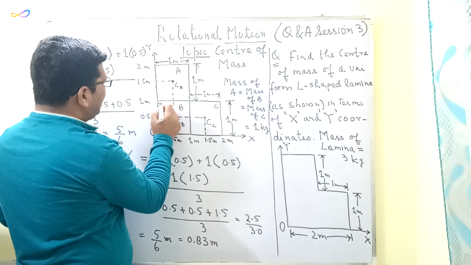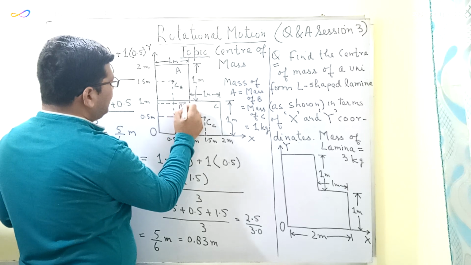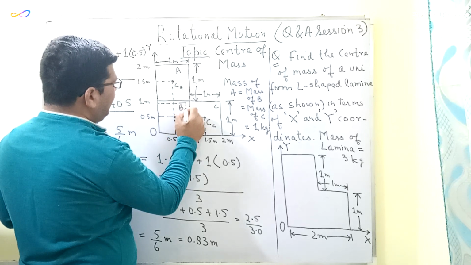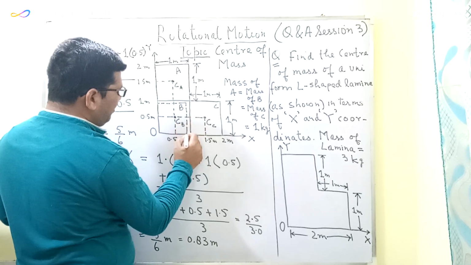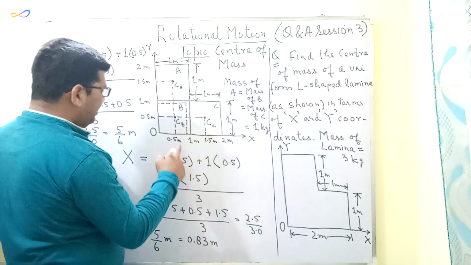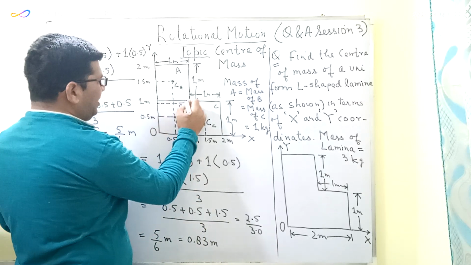So this is a rough estimate, I am just drawing the center of mass. Maybe this is the point. Now this point is approximately 0.83 meter, and this point is also approximately 0.83 meter.